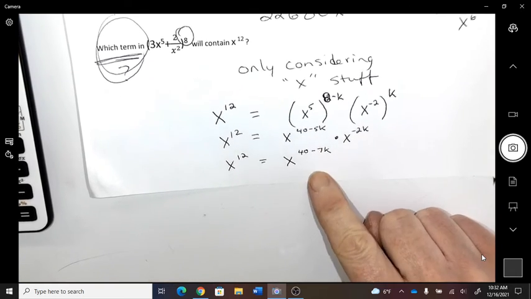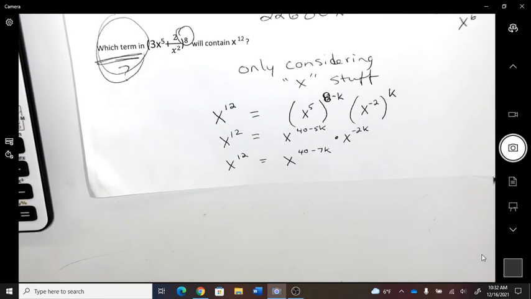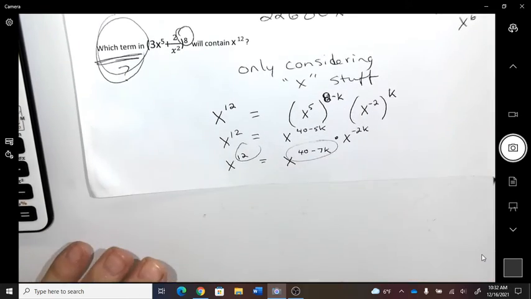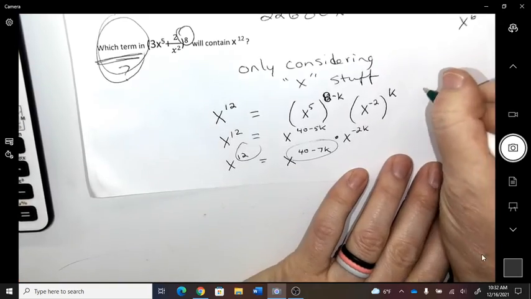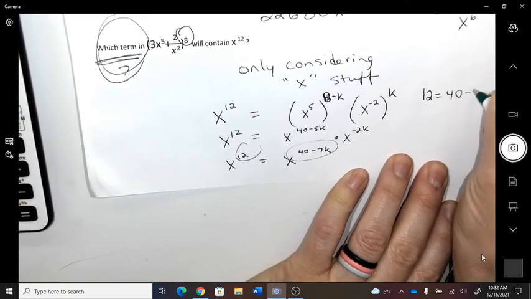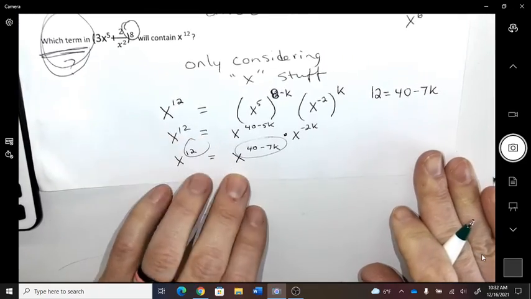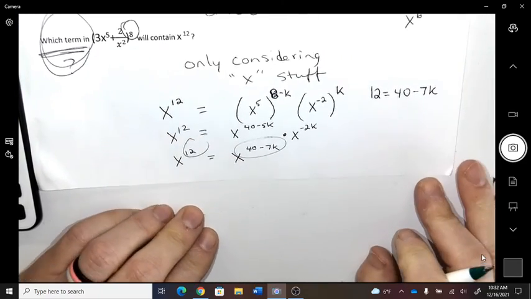Now those exponents get added. Remember all those rules? Okay, can you see I'm just going to say a statement in math that that number has to equal that number? Does that make sense? You could drop them. I probably would have dropped them before, but I didn't want to confuse you. Okay, so those exponents need to equal each other.